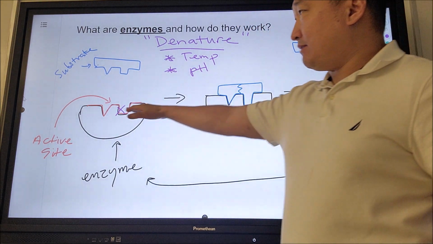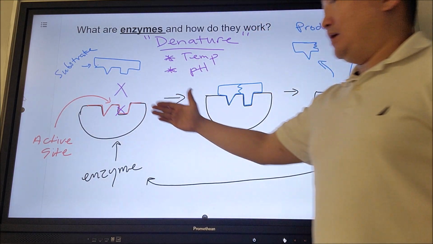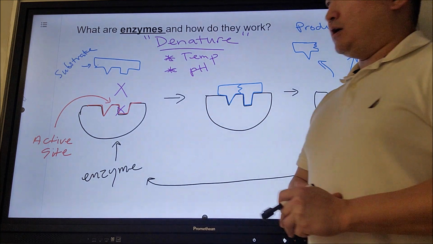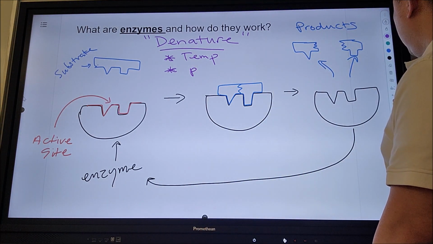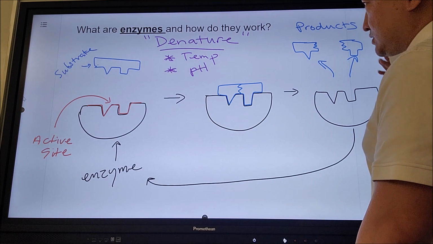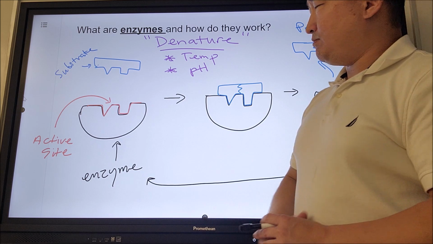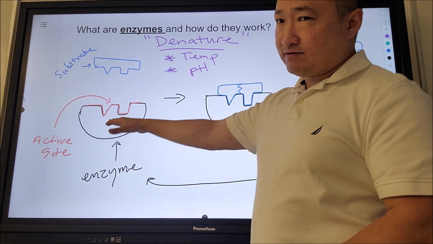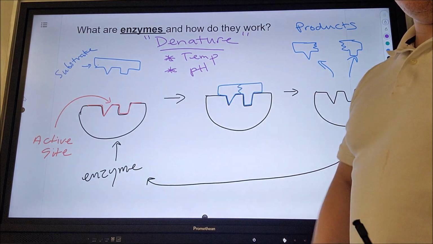And if the active site changes, the substrate can't bind to it, and then the enzyme can't do its job, which can lead to death. So that's also very important to know. The factors that could cause an enzyme to denature are changes in temperature and pH, and it's specifically the active site that changes.